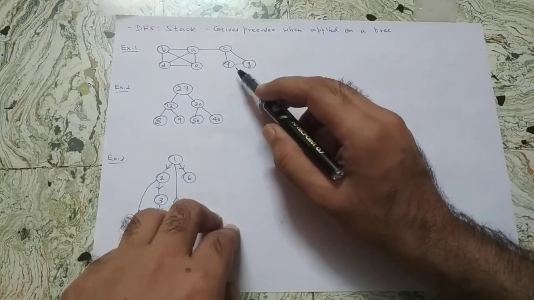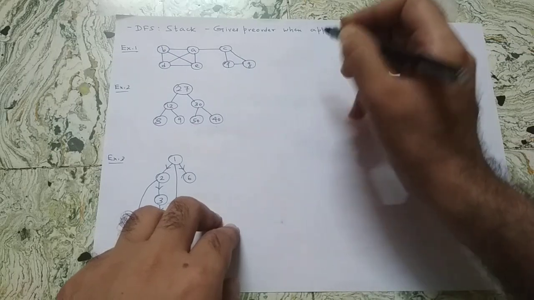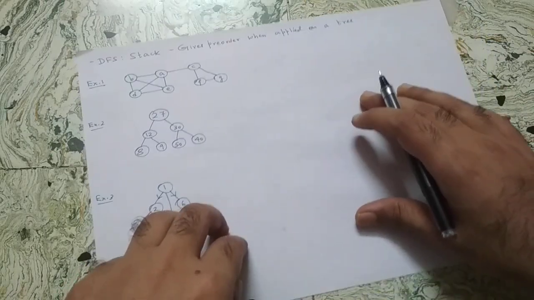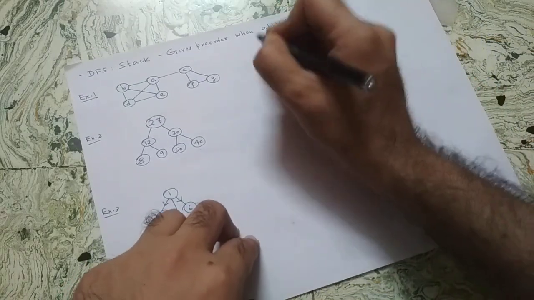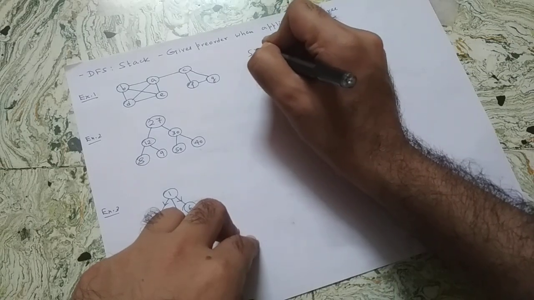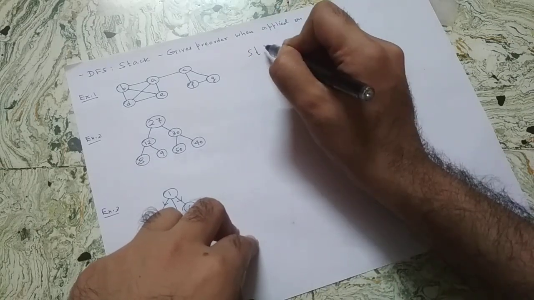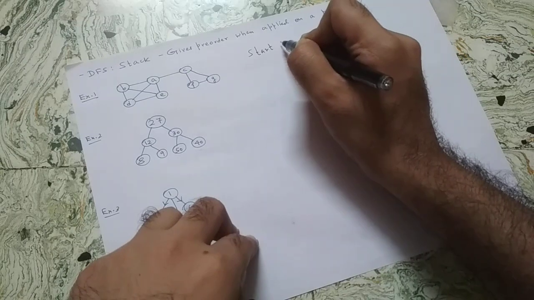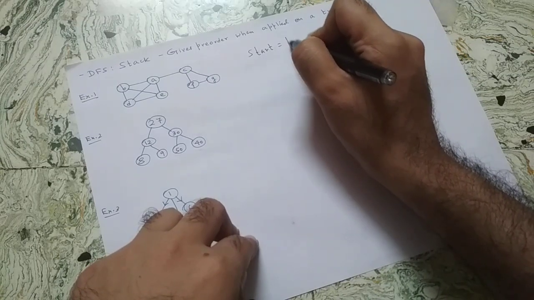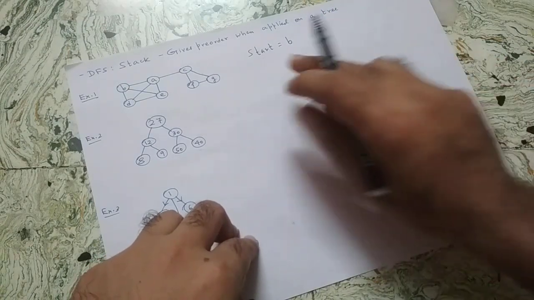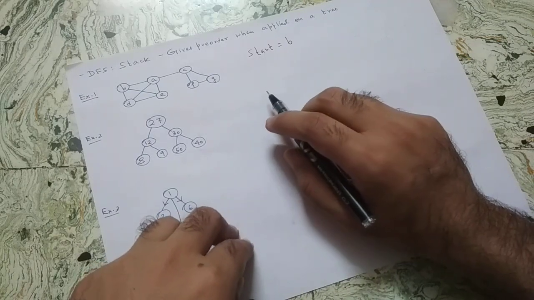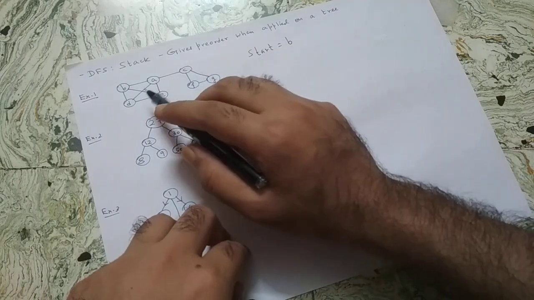Now, for example number 1, I'll assume my start vertex to be B. Okay, now with B as my start vertex, let's try to generate a DFS traversal.